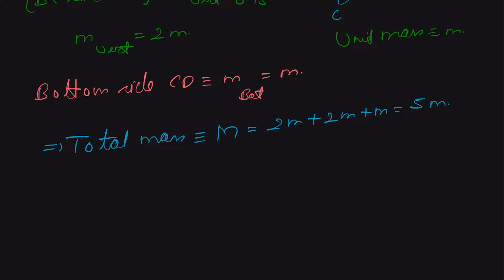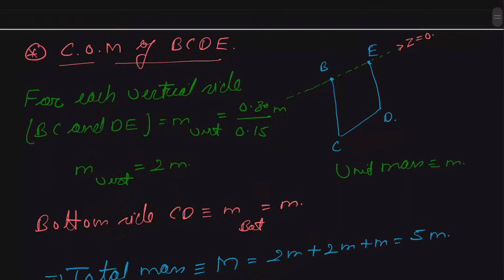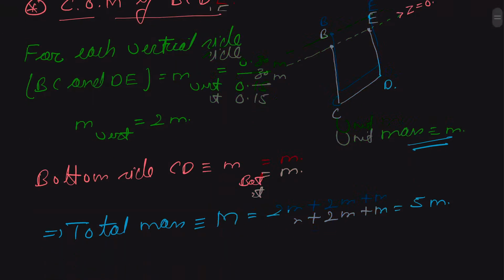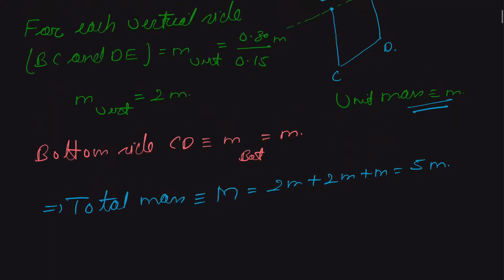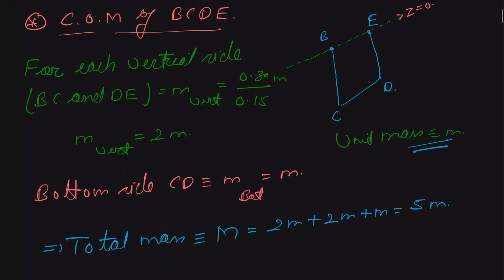So we got the mass of this entire section, that is our B, C, D, E. And we have to remember we calculated it based on a hypothetical mass, unit mass, that is m. Much more easier to find out our center of mass. Okay. And now let us find out the center of mass of each side. Okay.